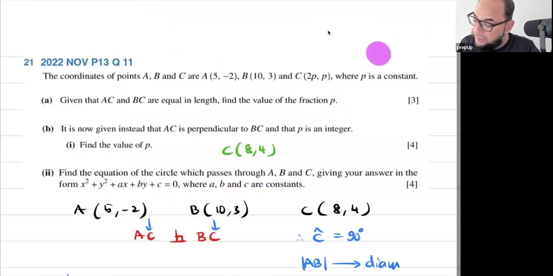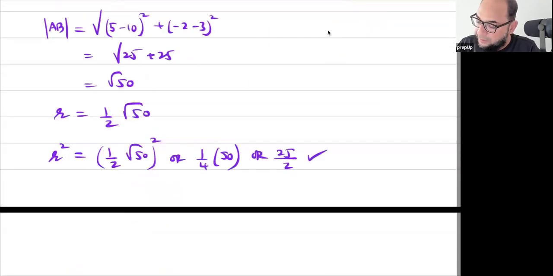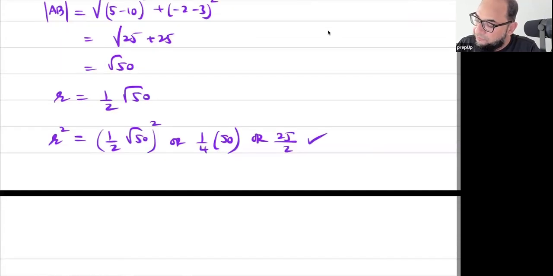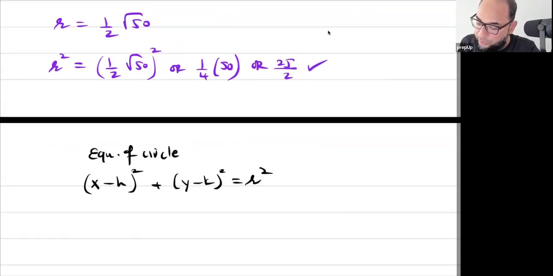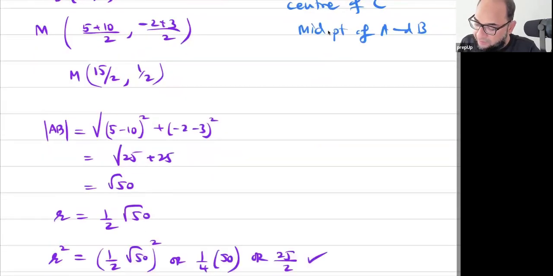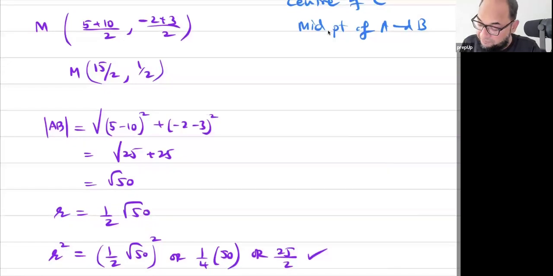That means the last thing, the equation of a circle. I need more space because I have to expand it. So therefore, equation of circle, that is (x minus h) whole square plus (y minus k) whole square is equal to r square. So 15 divided by 2, 7 and a half.